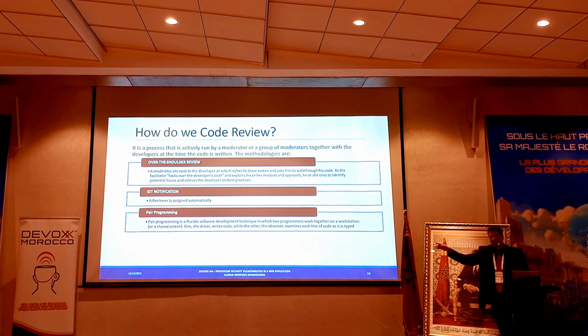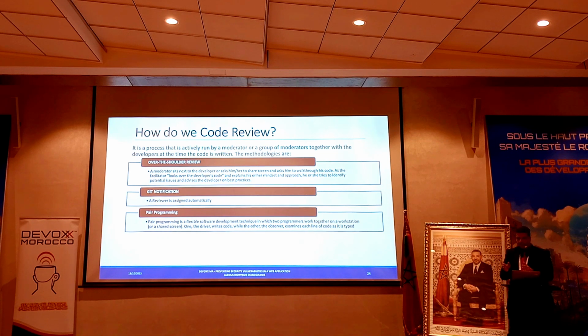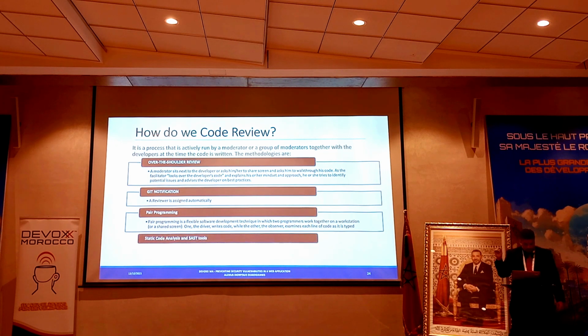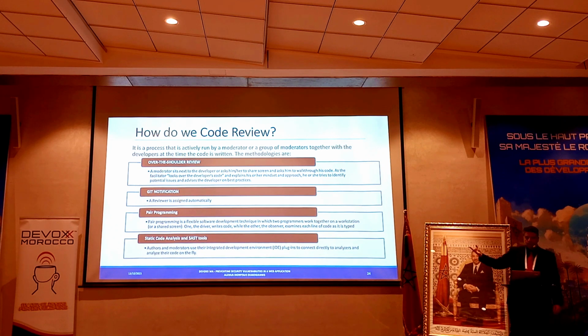After 30 or 45 minutes, if you don't change the roles, usually one developer is writing and the other one is playing with a cell phone. So make sure that you switch fast enough before this happens. Last but not least, the static code analysis tools, which I'm going to discuss in more detail later.